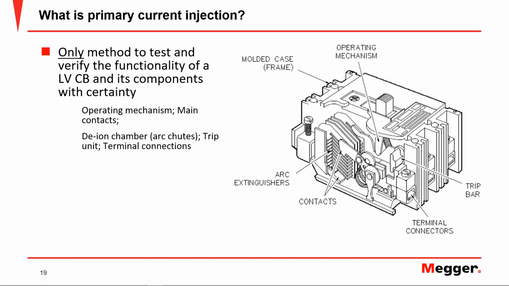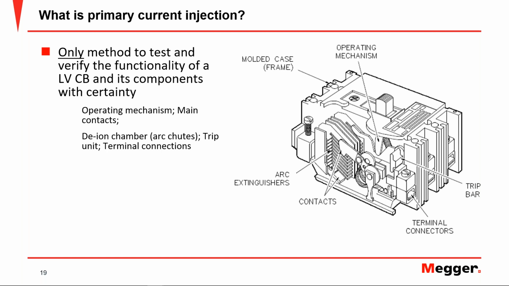And of course the breaker has to trip. Why do we have to use this as opposed to, for example, a secondary injection, where that method will be simulating, as opposed to emulating, the field conditions? If we use secondary injection, we're just simulating or replicating certain conditions, but not duplicating the conditions that the breaker will again experience in the field.